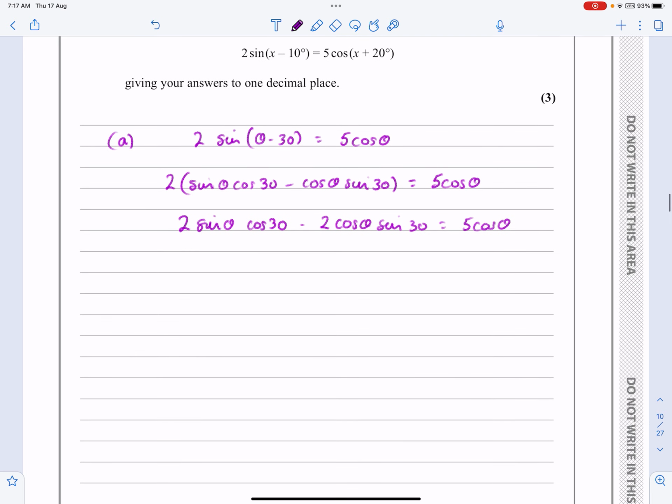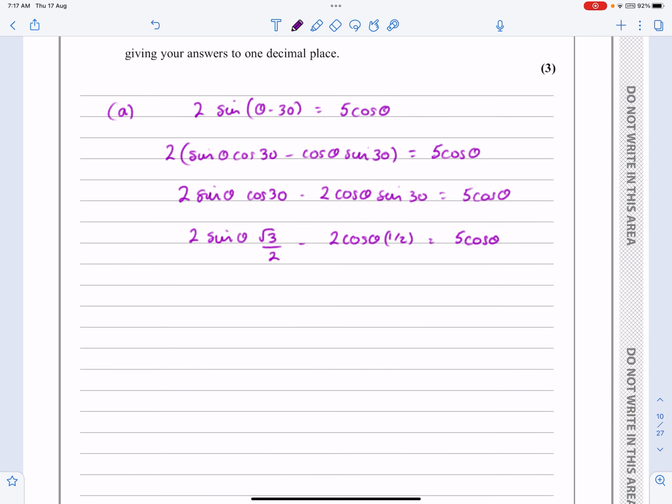Let's work out the cos 30 and the sine 30. You should know what they are anyway, but cos 30 is root 3 over 2. Sine 30 is a half, equals 5 cos theta. That tidies down to root 3 sine theta minus cos theta equals 5 cos theta.